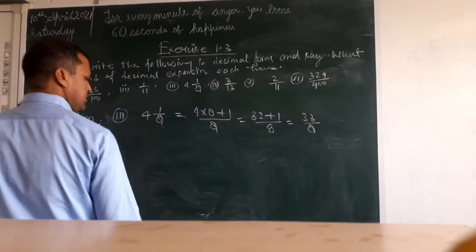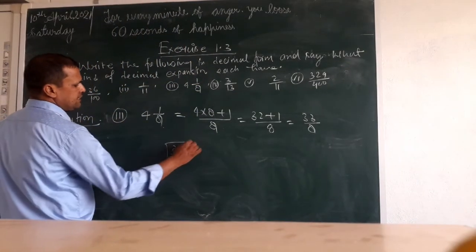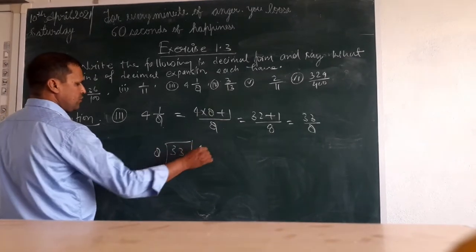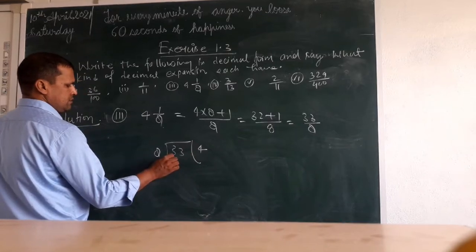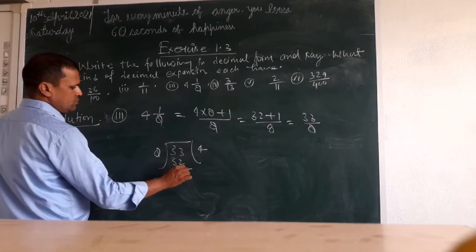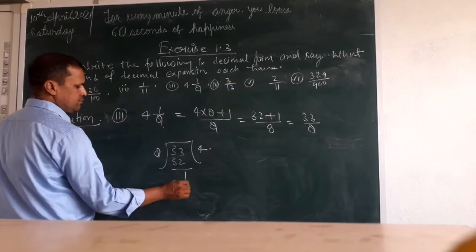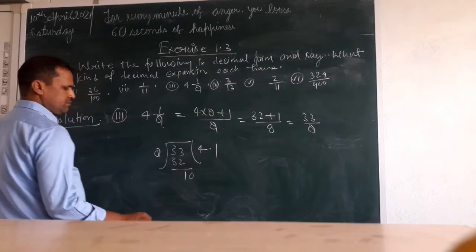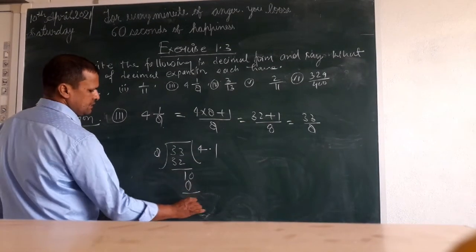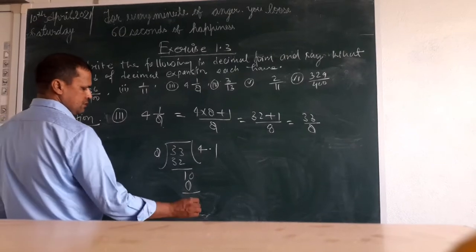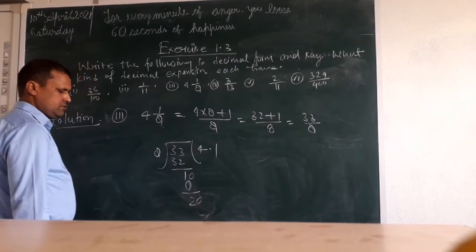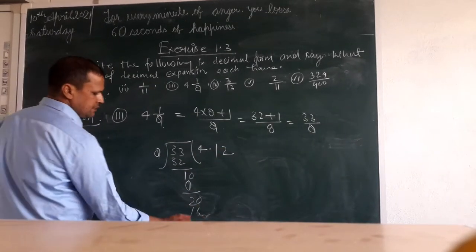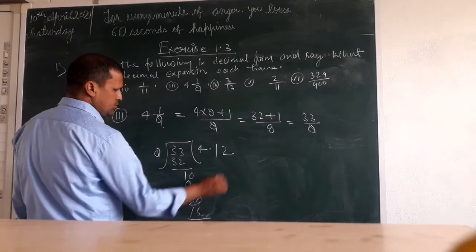You can check it: 33 divided by 8. 4 times, 32, carry 1. After that, decimal, 1 0, 1 time, 8, remainder 2, again 0, 2 times, 16, remainder 4, 0, it is 5.